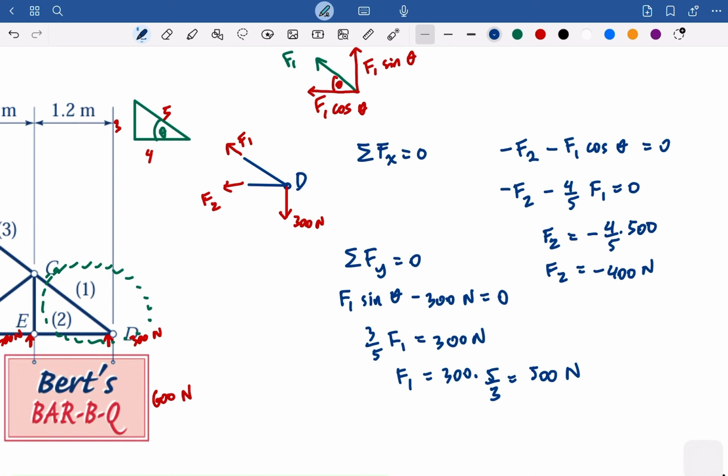What does it mean? Since we assumed it was to the left but it's negative, the actual direction is to the right. But my suggestion is to let it be, okay? Keep it this way and keep this negative, because we still have some other questions left.